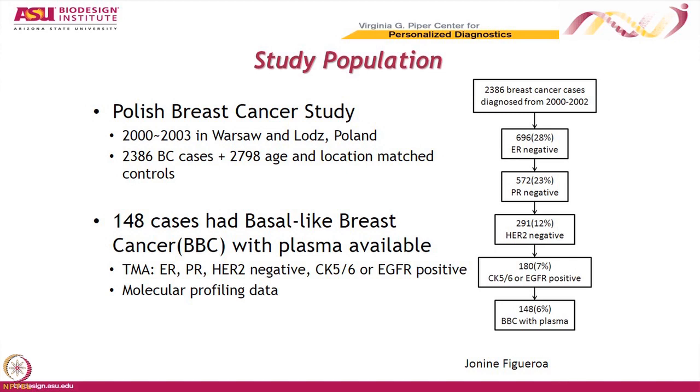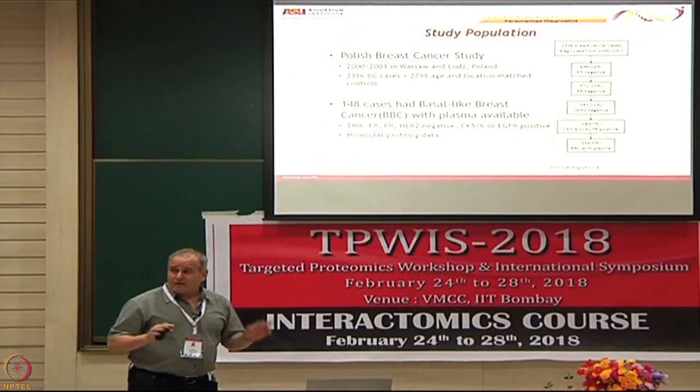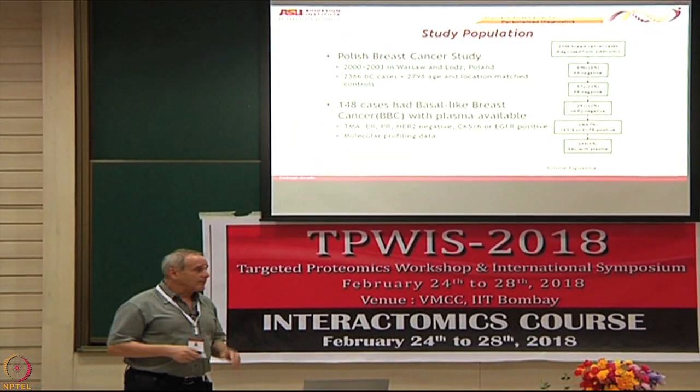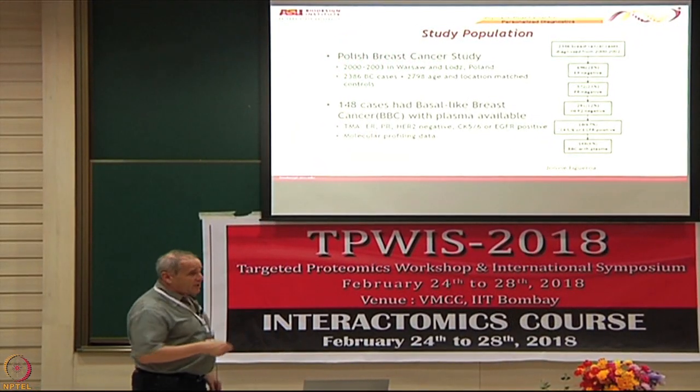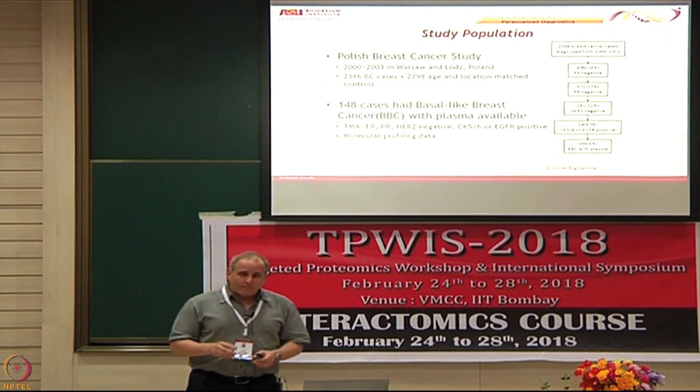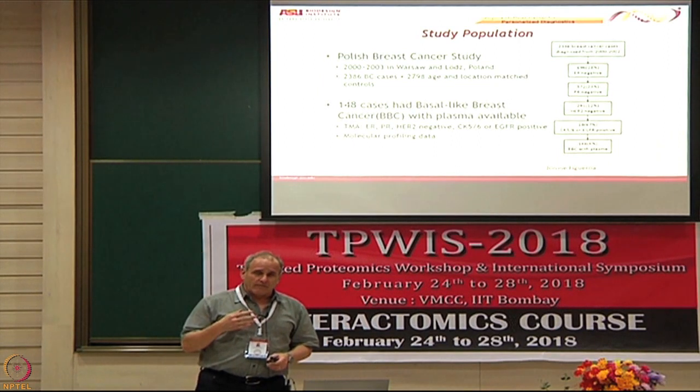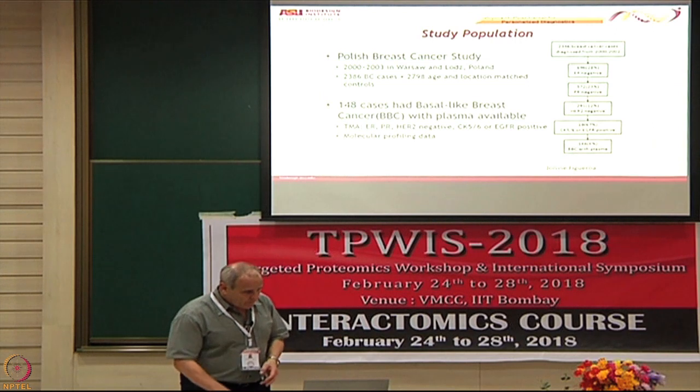So we took her study and sorted it for women who are estrogen receptor negative, progesterone receptor negative, HER2 negative, and who had either CK positive or EGFR positive. From all of these, we got down to around 148 cases of true basal-like breast cancer. And then she was able to get us 150 age-matched controls.